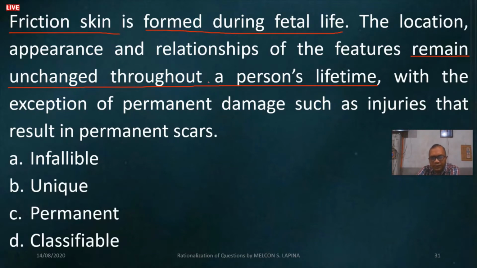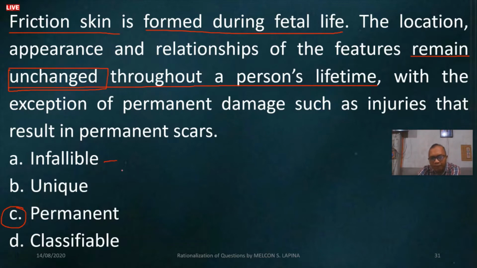So, andyan na, no? That is remain unchanged. This is the very key word to remember. Our answer is permanent. So, that is one of the tenets or dogma of fingerprint identification.